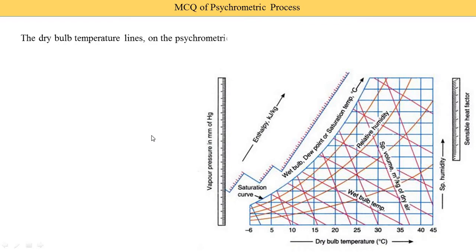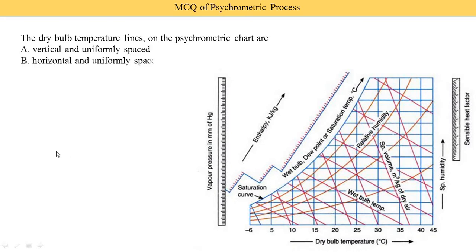The dry bulb temperature lines on the psychrometric chart are: vertical and uniformly spaced, horizontal and uniformly spaced, horizontal and non-uniformly spaced, or curved lines. We know that on a psychrometric chart, the dry bulb temperature is given on the x-axis. Here you see 5, 10, 15, 20 are the dry bulb temperatures. The constant 25 line is vertical.